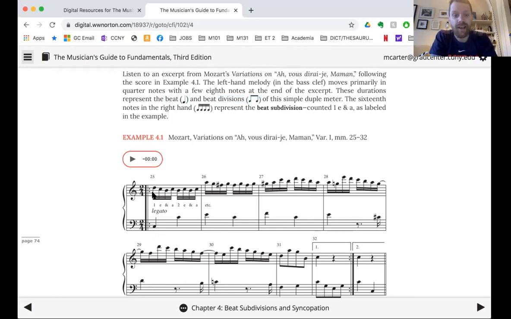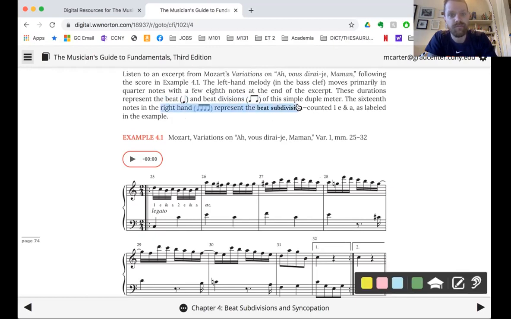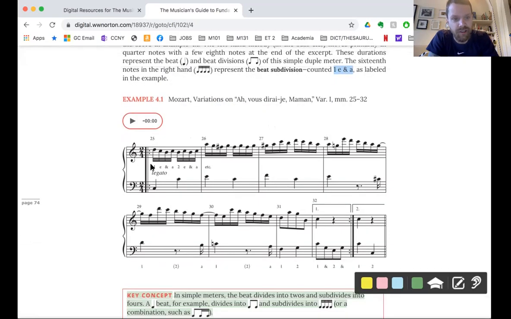So the faster durations, the sixteenth notes, are what we call the beat subdivision. And the way we count these is 1 e and a, and you see that here: 1 e and a, 2 e and a.